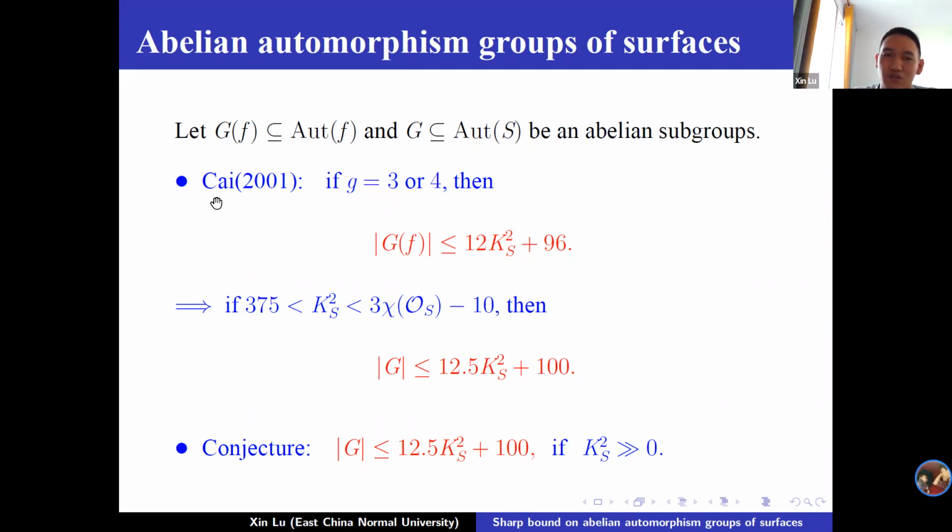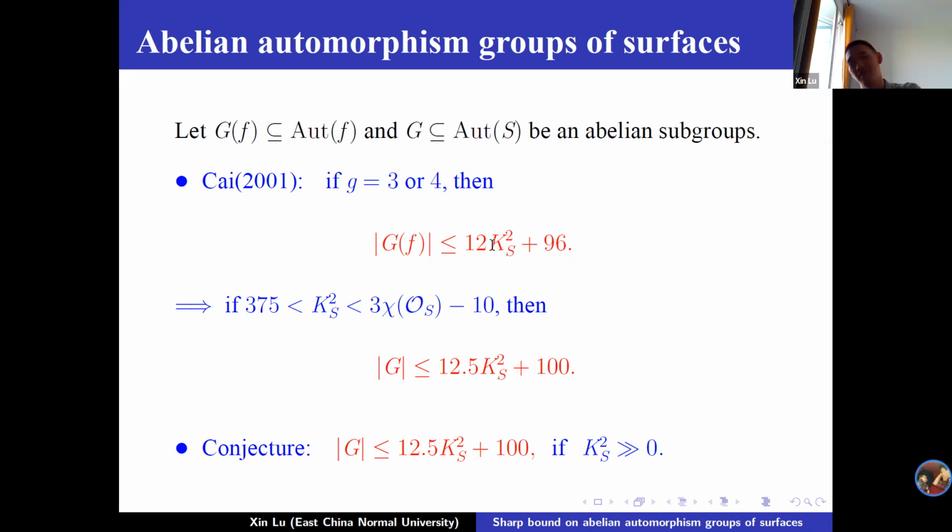So Jinxin Cai could get this result, and because K_S square is not small, such a pencil should be unique, and there is no base point.